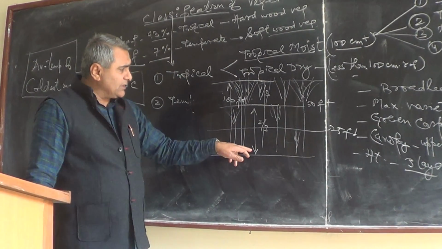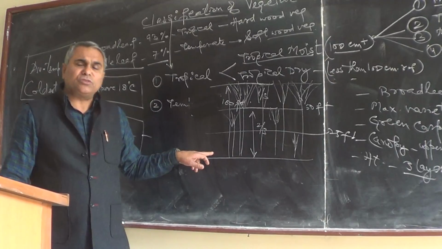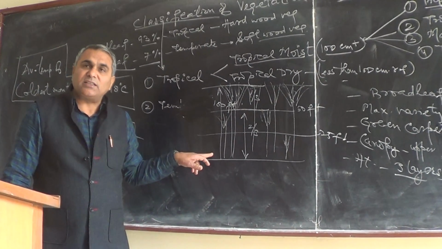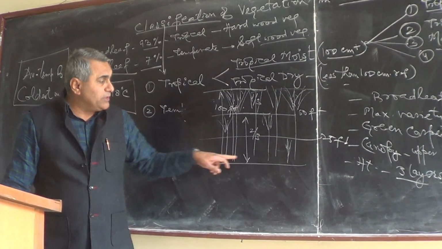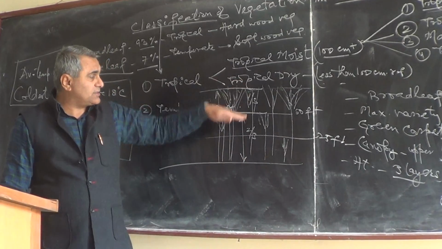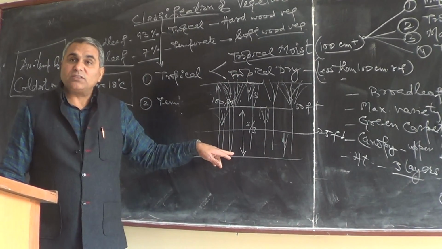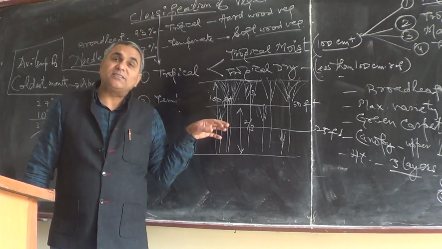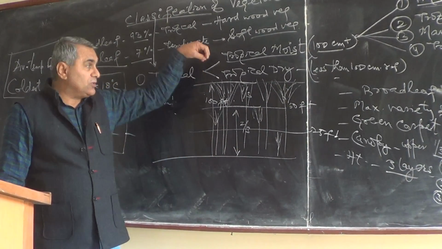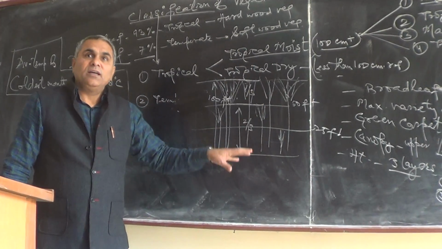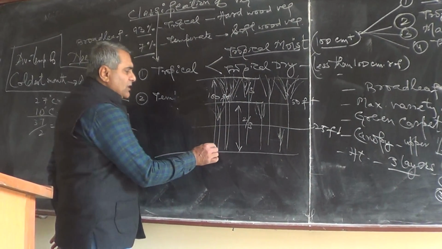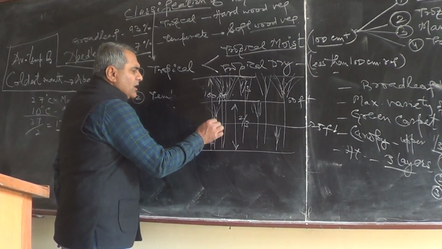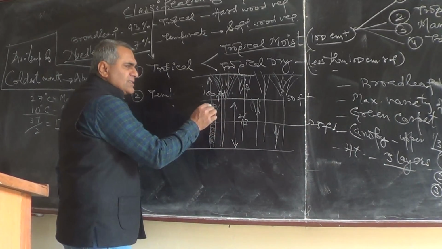So ground surface vegetation, I mean grasses, is completely absent because sunlight is not penetrating on the surface. Simultaneously, the surface always remains muddy because every day there is rain, and the trees are always covered with mosses, lichens, ferns.